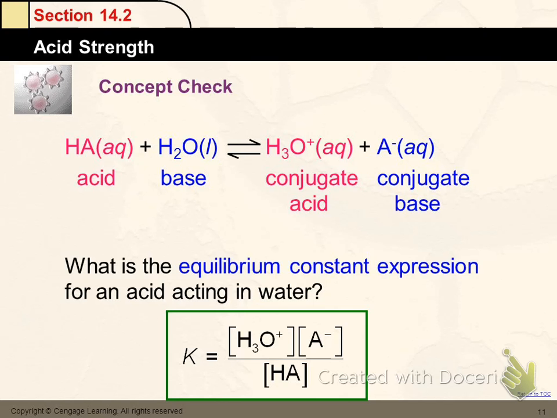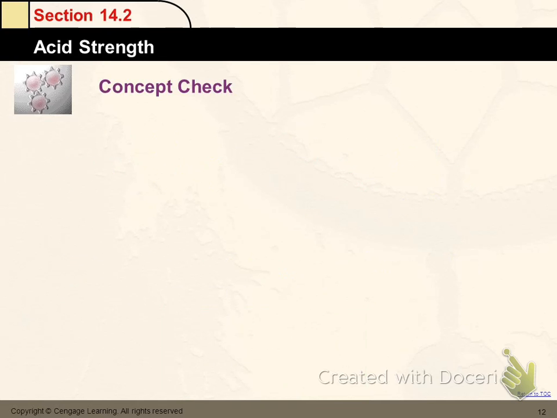Now, our final answer should come out to K equals our products, the concentration of hydronium ion times the concentration of our conjugate base, divided by our acid concentration. One thing you should notice is that water is missing from this expression. And why? Because water in this case is a constant, and so we don't have to include it.